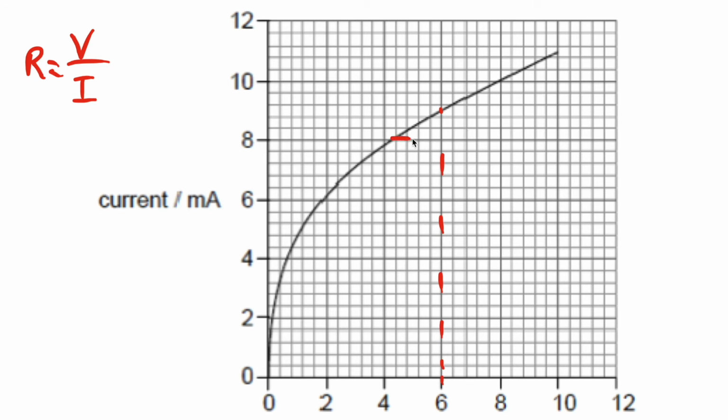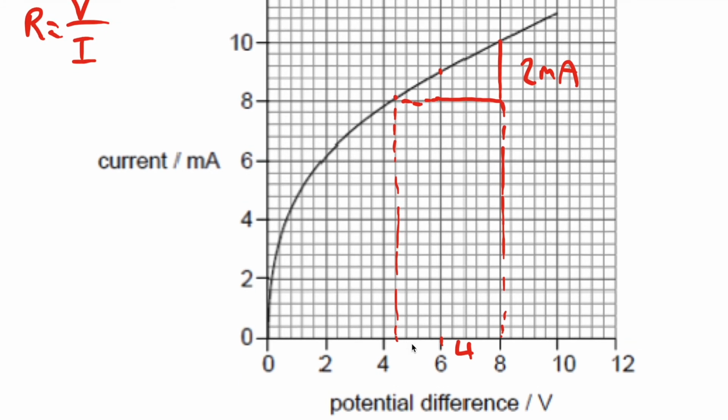So find some easy point. Here will be grey, here will be grey. So 8 to 10 is gonna be 2 milliampere. Here and here to here. Let me check if this is, yeah, here's the point. So here will be 4 volt, and here is what?